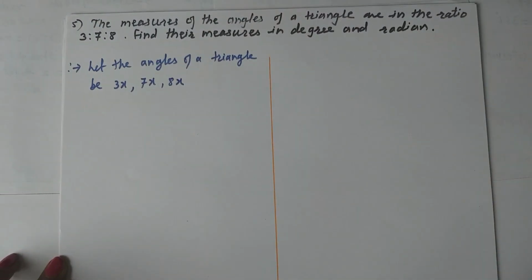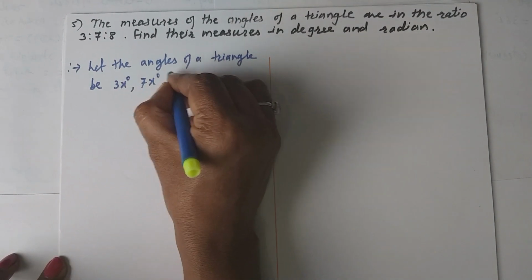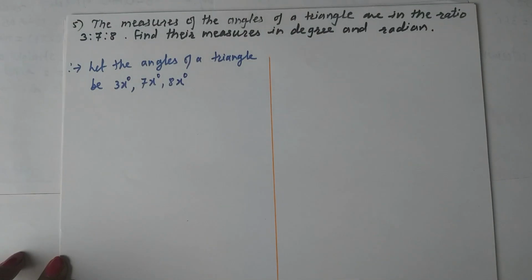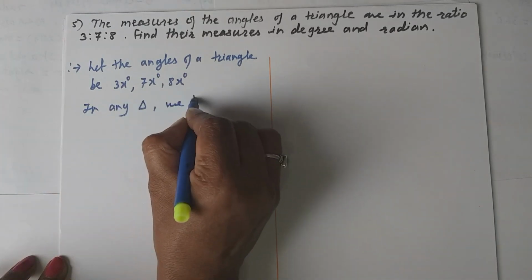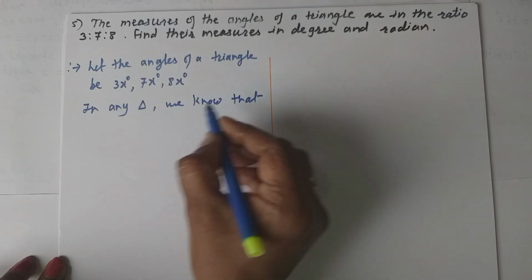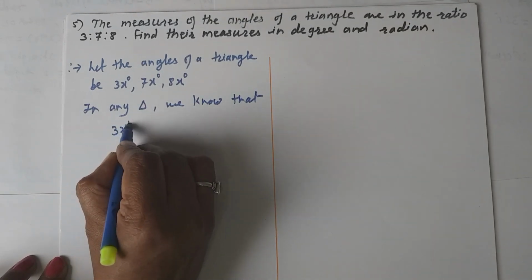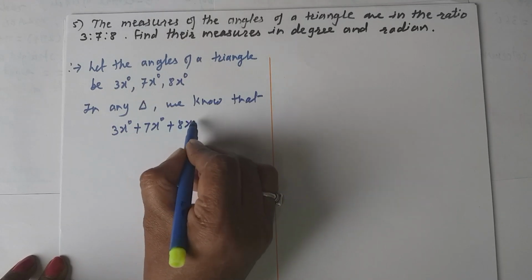You can suppose angles either in degree or radians. It is convenient to suppose angles in degree, therefore I am supposing angles in degree. Okay. Then write down, in any triangle, we know the property that the sum of all three angles of a triangle is always 180 degree.